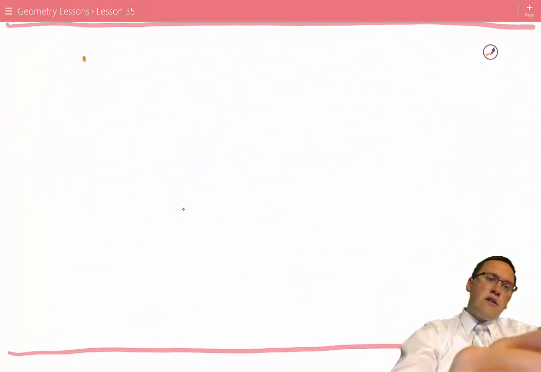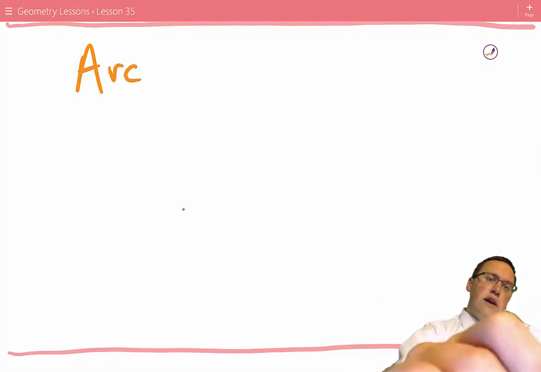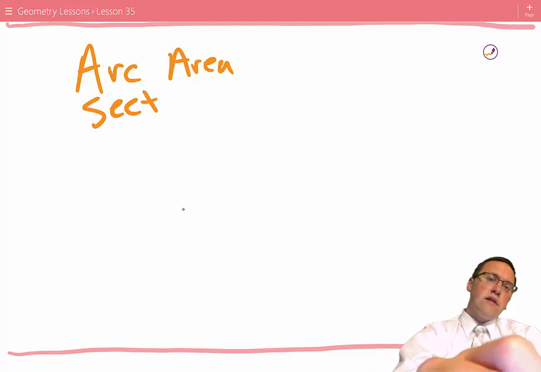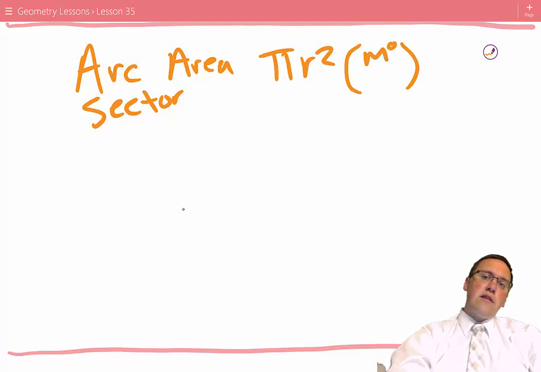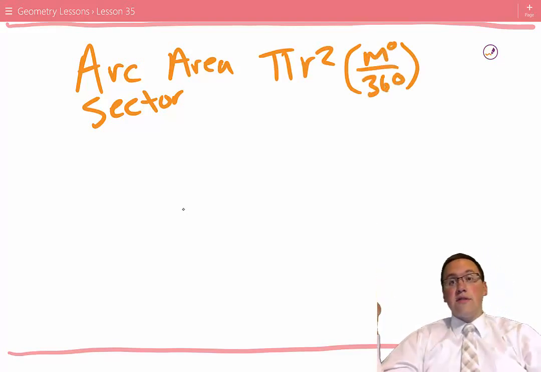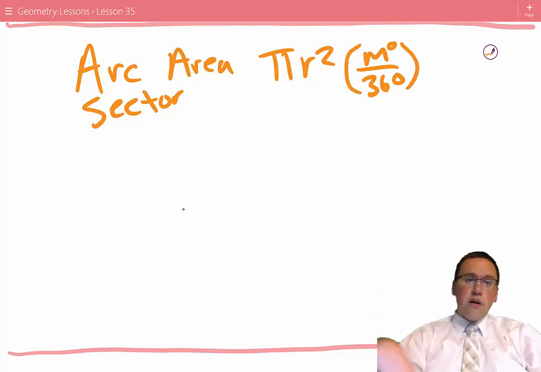So if you want the sector area, you take the pi r squared and multiply it by the sector's fraction of 360. So if it's 90 degrees, it'll be 90 over 360, which will reduce to 1/4.